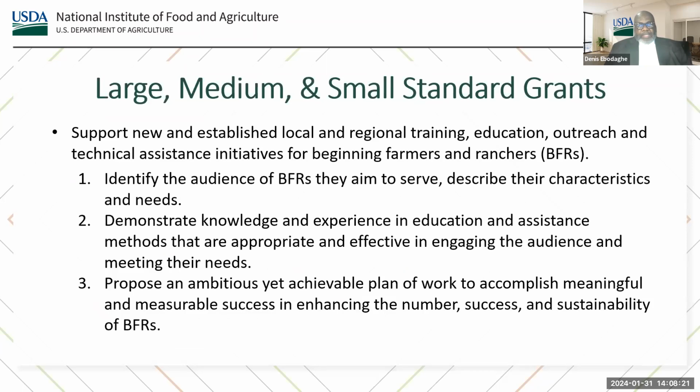Now you have standard grants, which are large, medium, and small, and you pick the one you would like based on your goals and the type of audience you're going to be serving. You want to pick an ambitious plan that you can accomplish. Those are important.